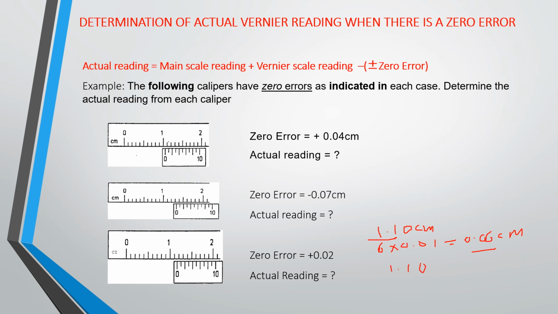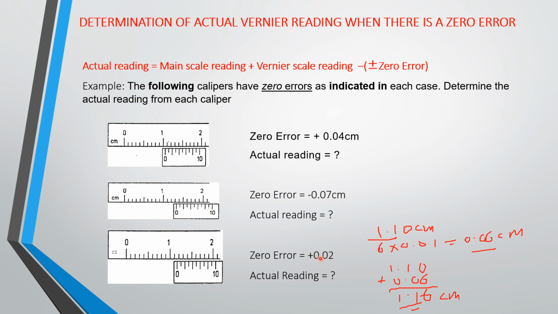1.10 plus 0.06 gives you 1.16 centimeters. So this is the Vernier reading. Now for you to get the actual reading, this is positive, so it means you are going to subtract it from the main reading that you have gotten.